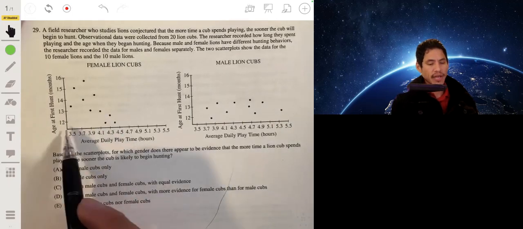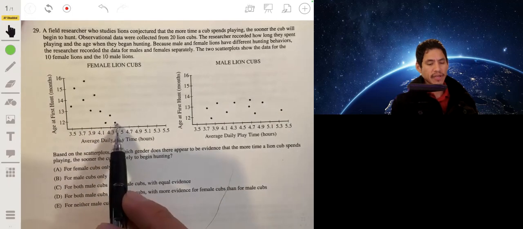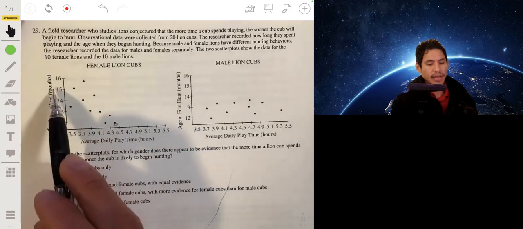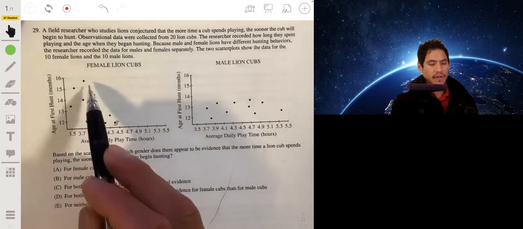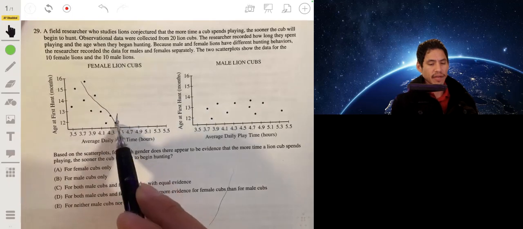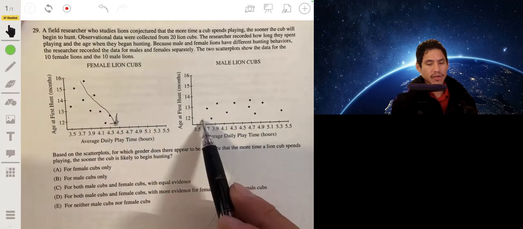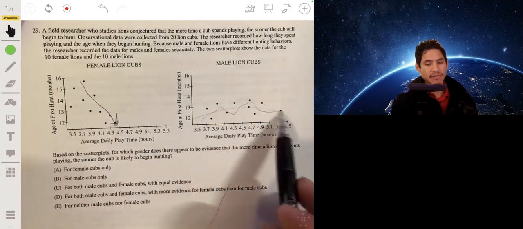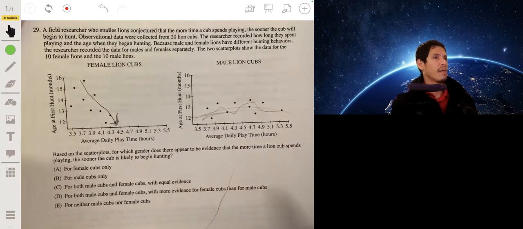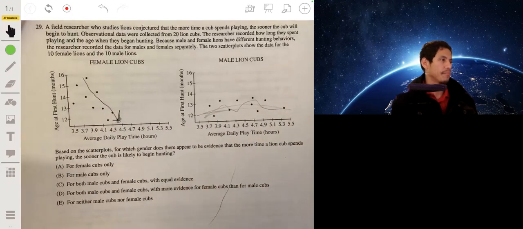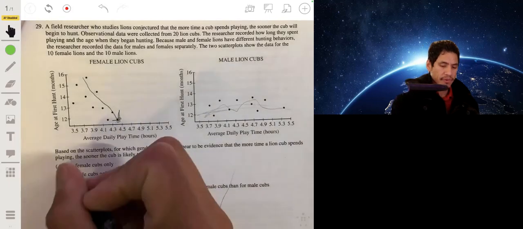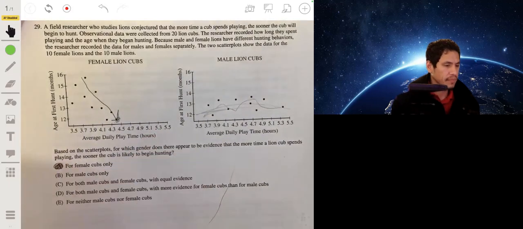This shows that as they have a higher playing time, the age of first hunt is lower, trending that way. For the male cubs, it's all over the place. It's not really a relationship. It would really just be A, the female cubs.